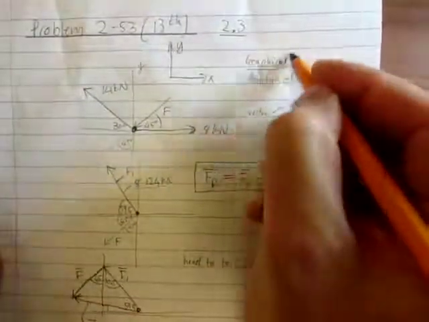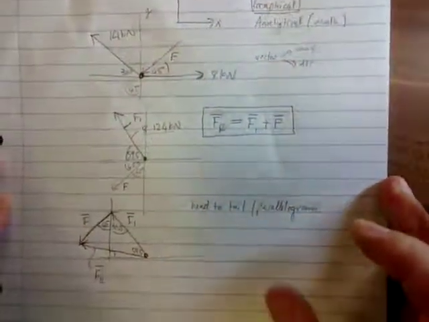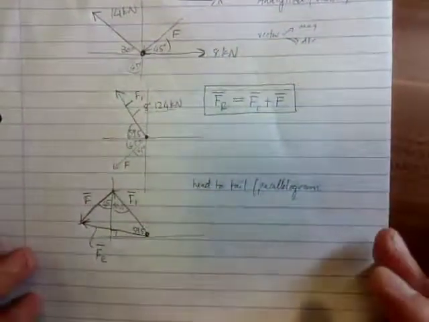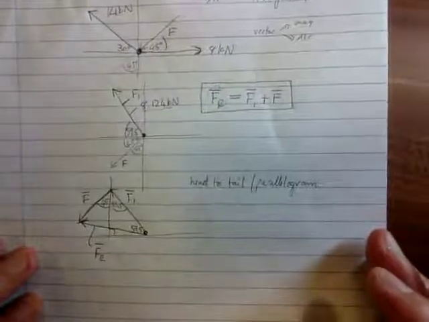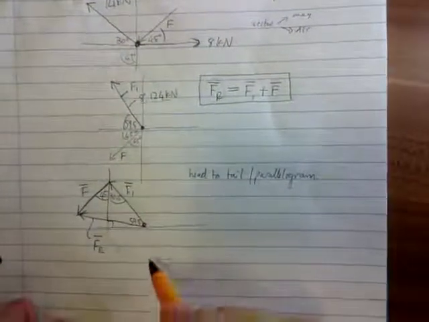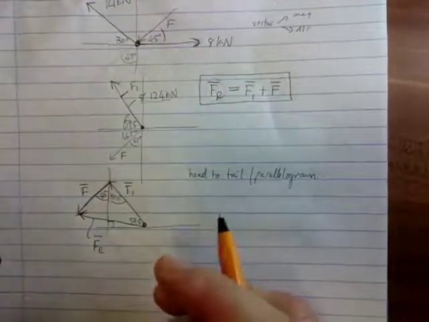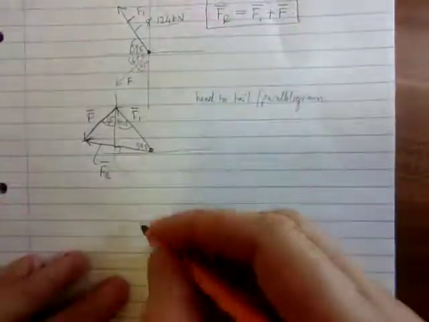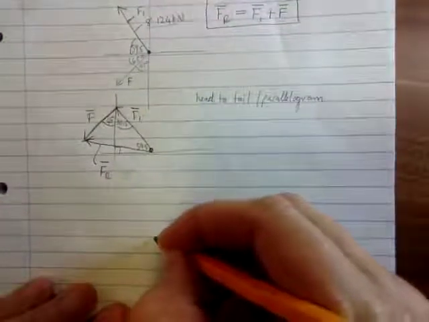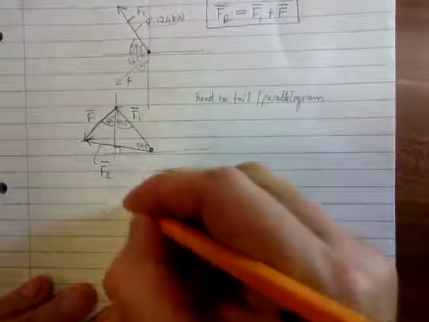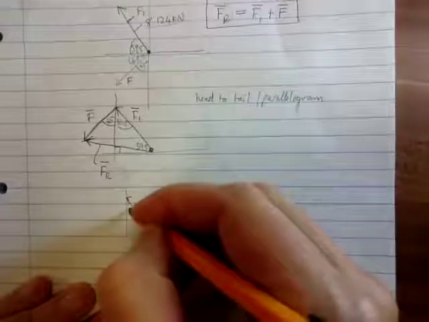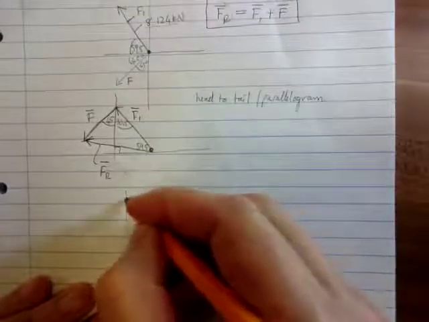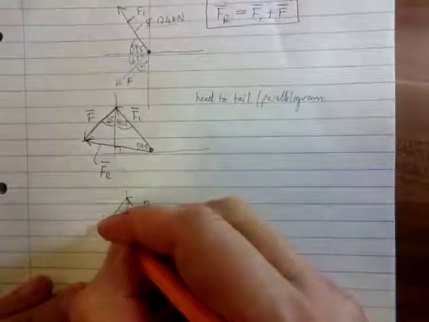So now we have our diagram, and that's what I said earlier, we're starting with the graphical method. I really like the graphical method. It helps me understand. So now, again, what we have here is a force F1, and we have 30.5, and we have this F1.